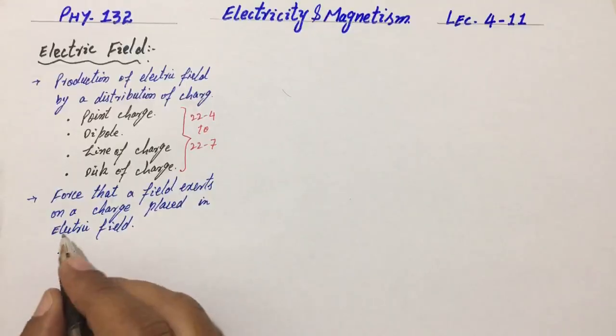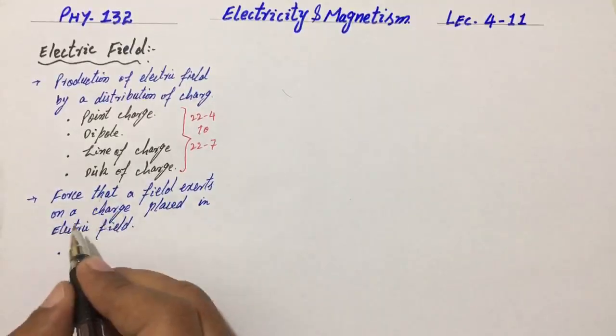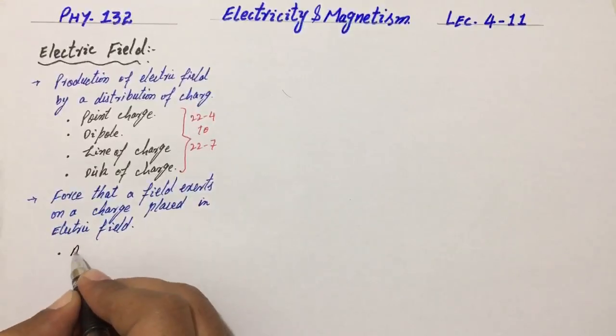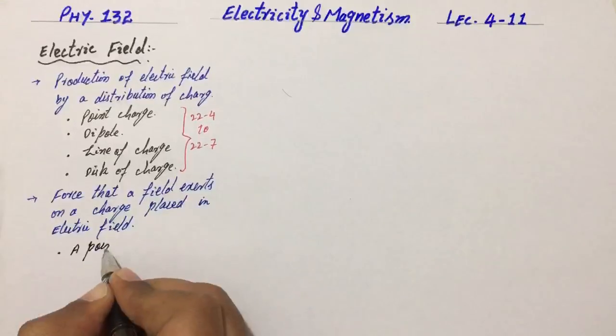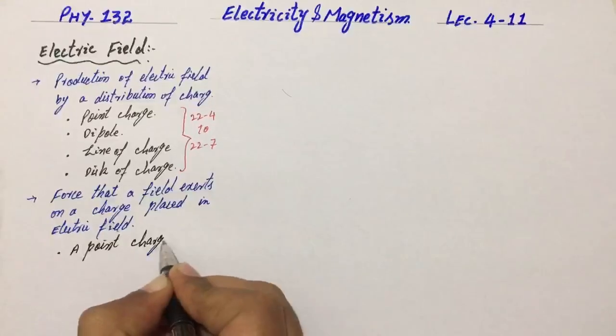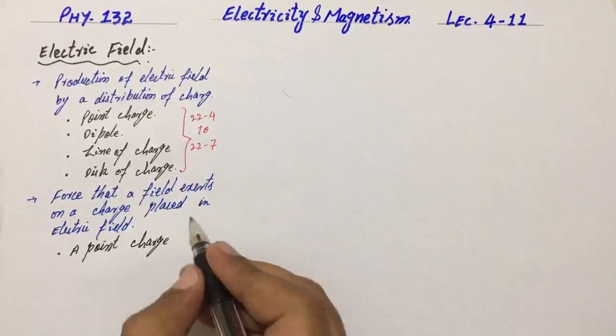So the first article under the umbrella of this force is a point charge in an electric field.